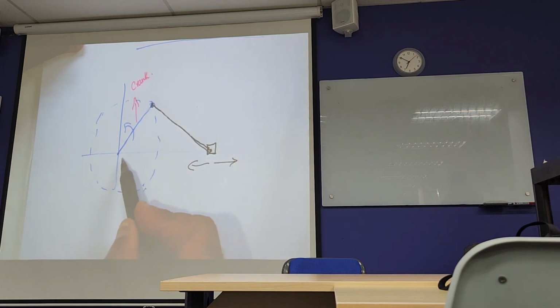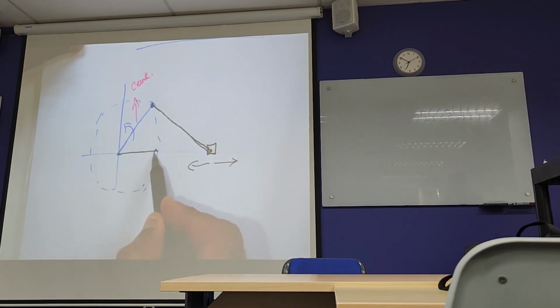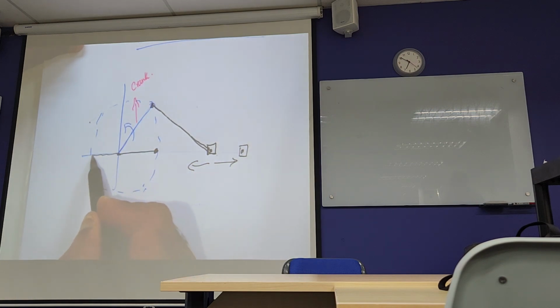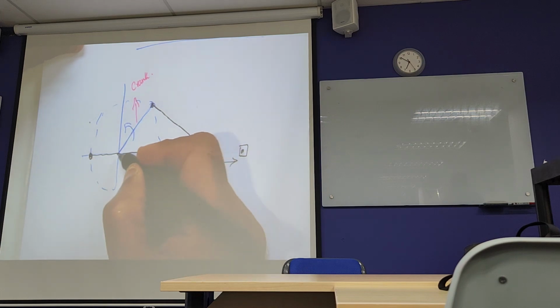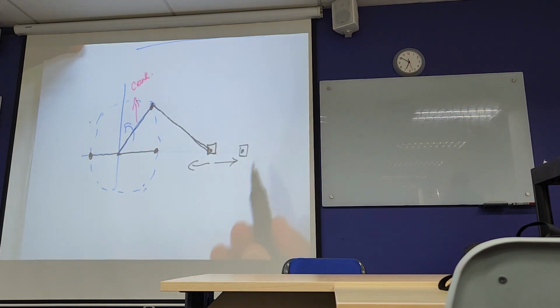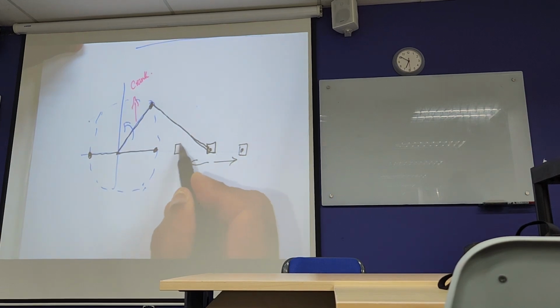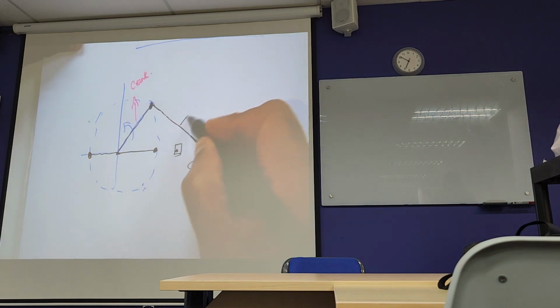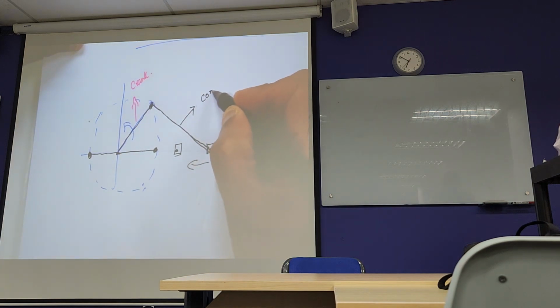When the crank is here, the piston will be somewhere here, and when the crank is on the other side, the position of the piston will be like this. This is the connecting rod, so we can call it a link basically.